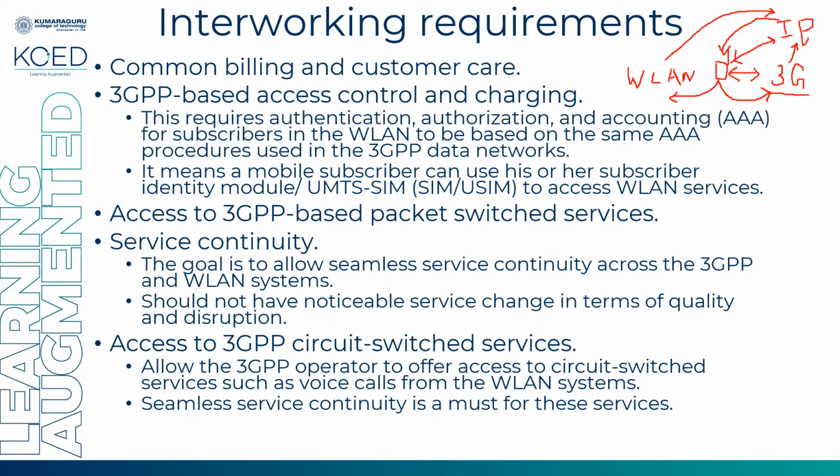However, the goal is to allow seamless service continuity. So I should not have the feeling that I have to move from one service to another, or change the service provider. Whenever I'm connected to wireless LAN, I'm connected to IP through wireless LAN. Whenever I don't have a wireless access point, I can be allowed to switch to my cellular service.